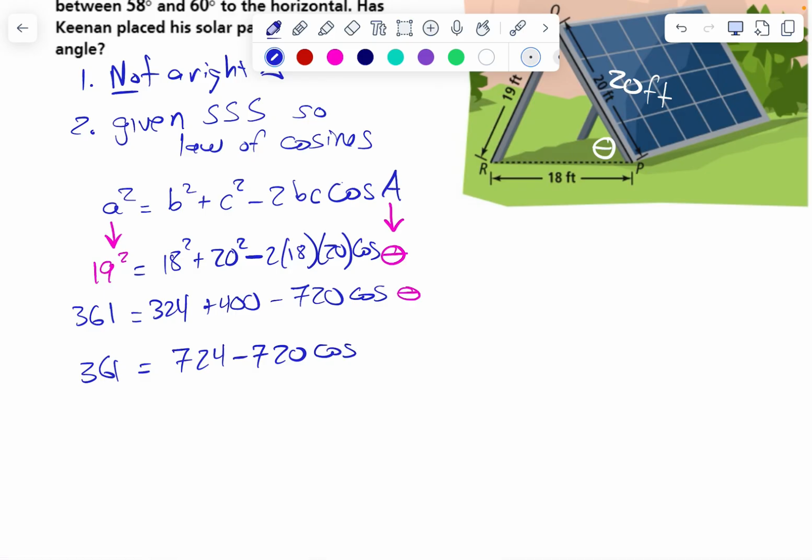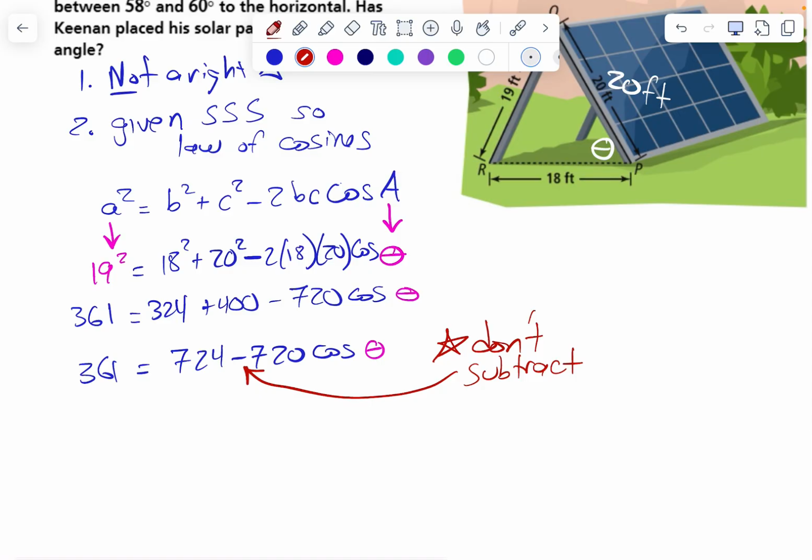And again, here we see that it would be so nice if we could just subtract, right? 724 minus 720 and get rid of these big numbers and just have this little 4. But we're not going to do that. So just reminding you, don't subtract. At least not between the two there. But we can subtract the 724 off both sides. So let's get that off of there.